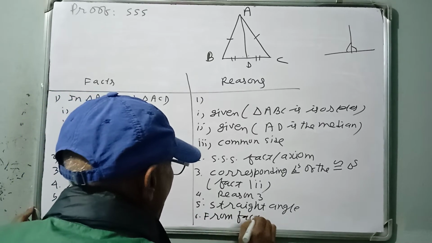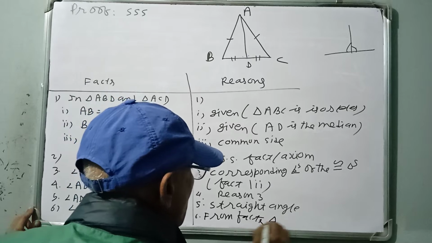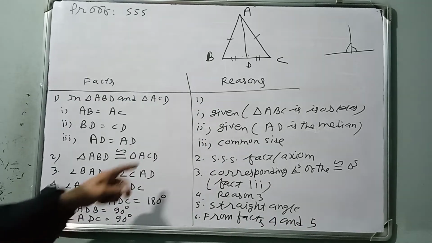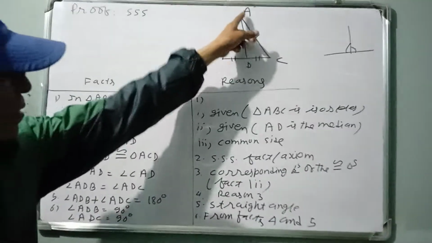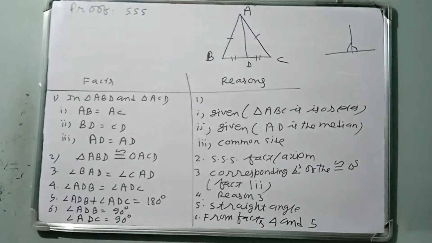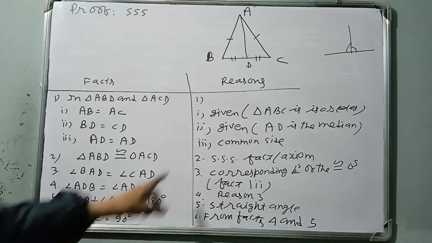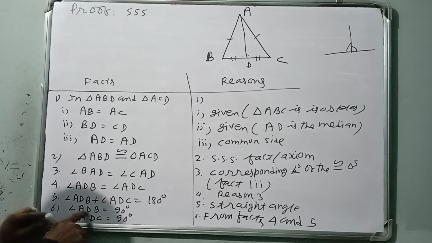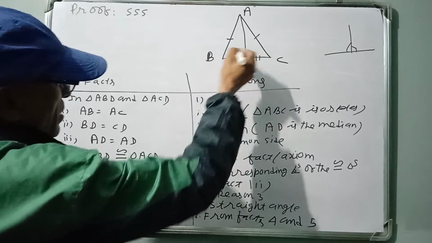From facts 4 and 5. Fact 4 says that ADB equals ADC. Fact 5 says the sum is 180 degrees. It means angle ADB equals 90, angle ADC equals 90. Both are 90.